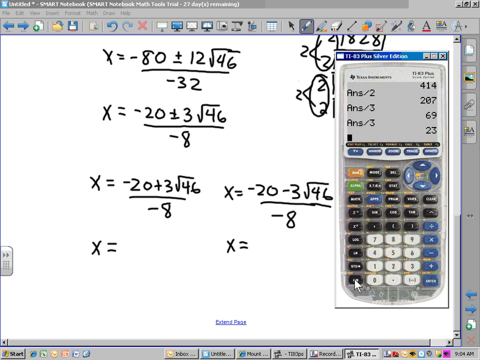So, negative 20 plus 3 square roots of 46 divided by negative 8.